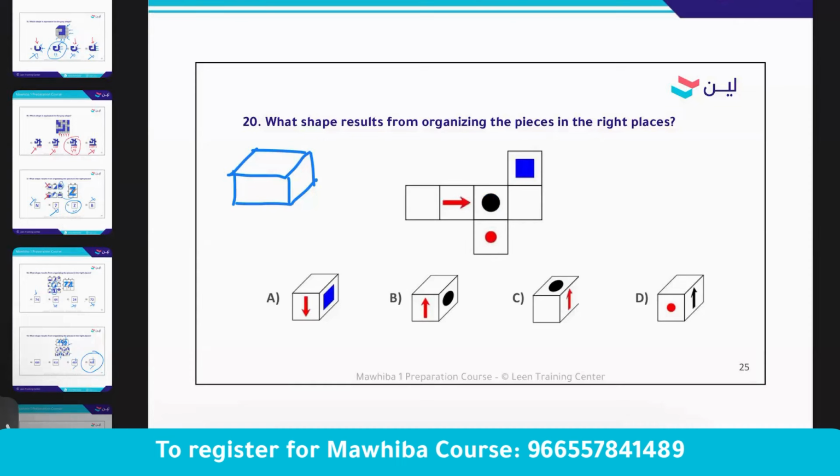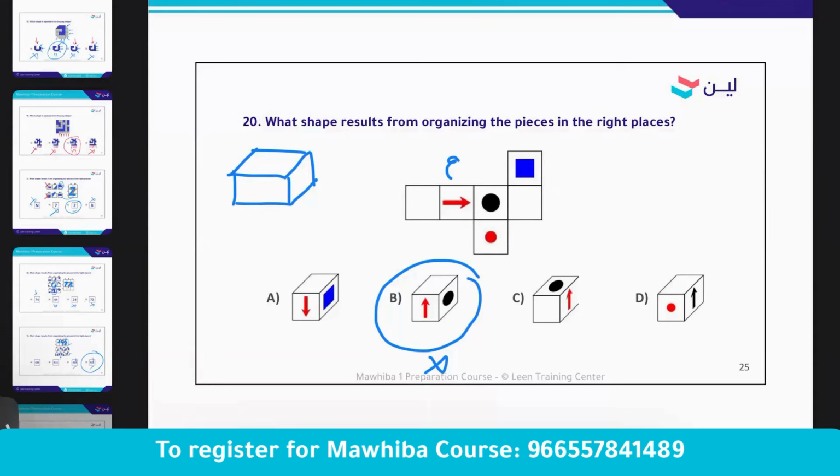So this is why I'm going to remove answer B. It's not the right answer, because if I fold this shape, the red arrow will still point towards the black circle. So it should be something like this, the arrow. So this means answer B is incorrect. It's impossible to have it this way.